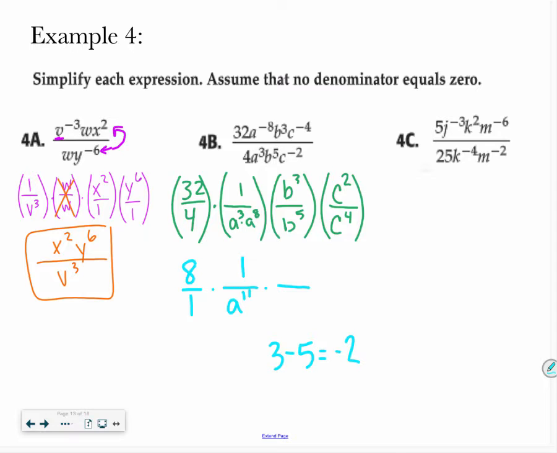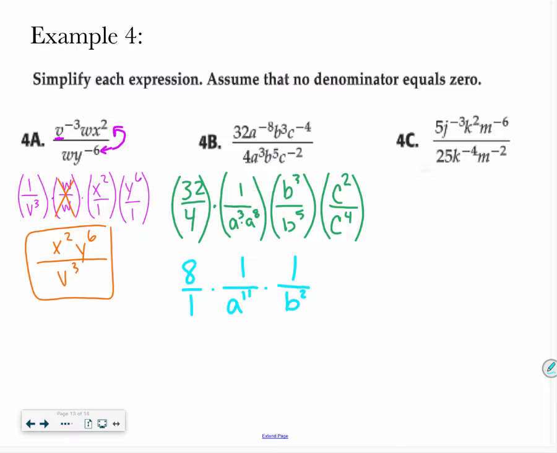What you need to focus on with these is wherever your bigger exponent is, that's where your variable is going to stay. So I have b to the 5th as my bigger exponent, and that's on the bottom, so my answer is going to be on the bottom. And I have to figure out how far away those two numbers are, and they are 2 away from each other, so that's going to go on the bottom there.